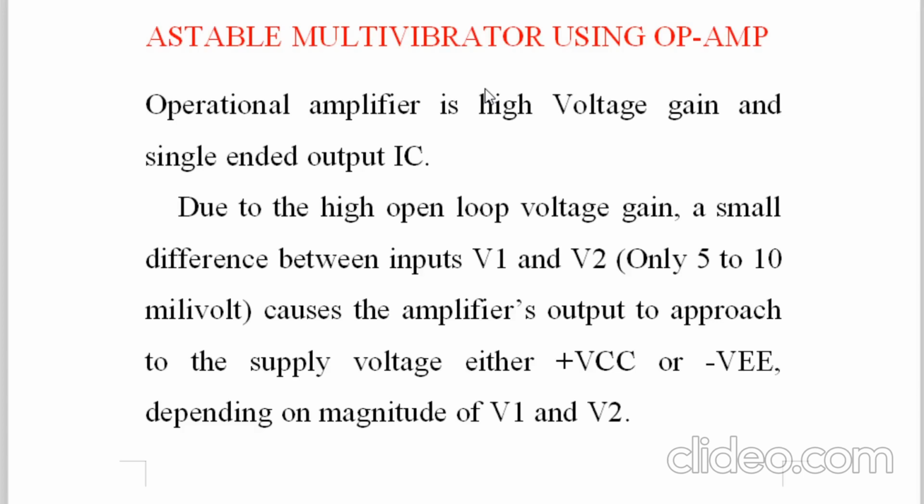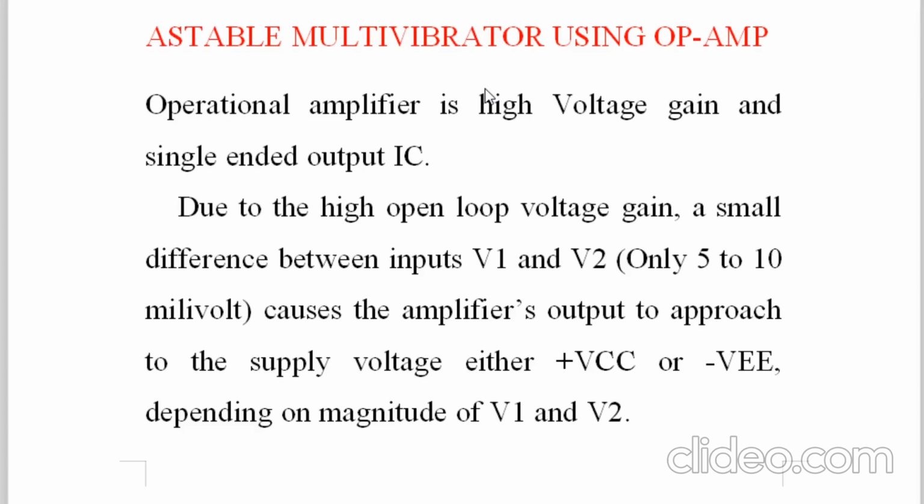An astable multivibrator using op-amp 741 generates a square wave having HVL equal to plus VCC, that is the power supply applied to the op-amp, and LVL equal to minus VEE, that is the negative power supply applied to the op-amp.